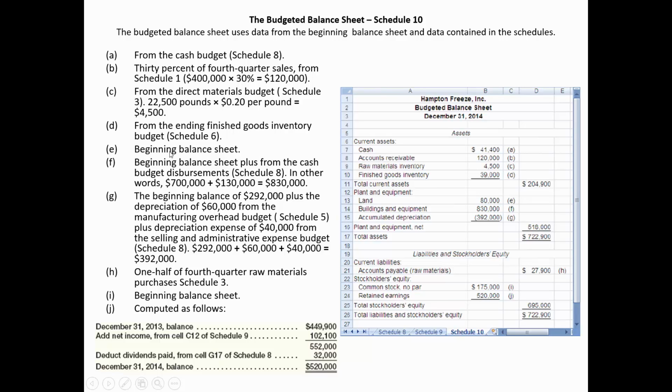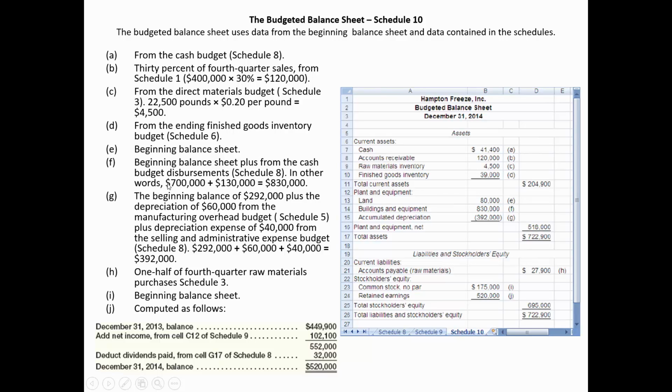Now, the beginning balance sheet for our land, nothing changed with reference to our land, so that's from the last year's ending balance sheet or this year's beginning balance sheet. Now, beginning balance sheet from 2013's ending one, we had building and equipment, plus we had all of the disbursements, the equipment we were expecting to purchase throughout the year from Schedule 8.